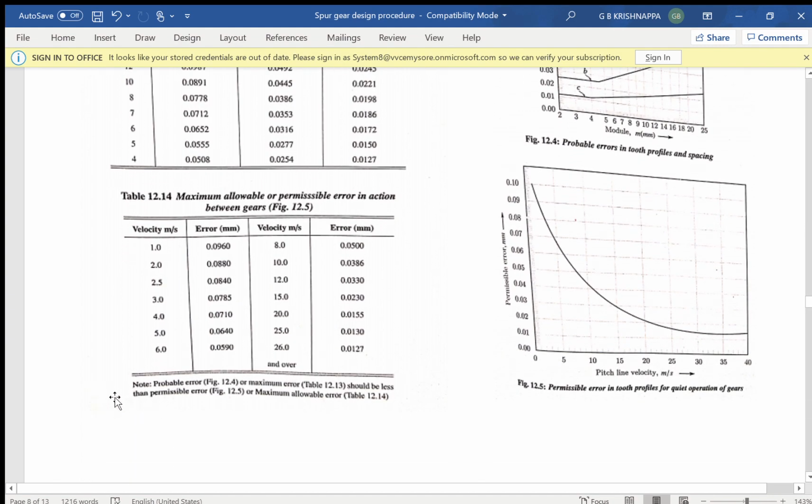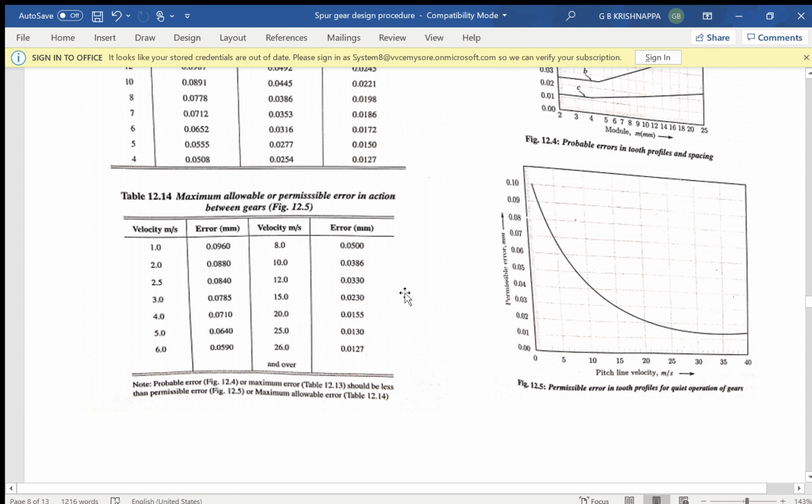Here, as noted, probable error is figure 12.4 or maximum error is table 12.13. This should be less than the permissible error, either from figure 12.5 or from table 12.14.